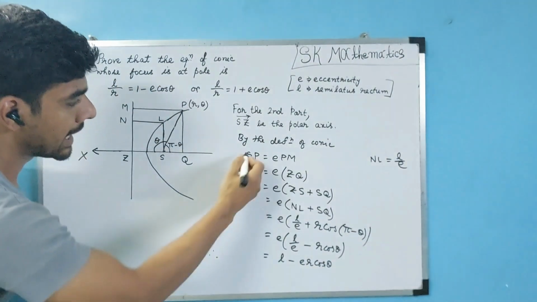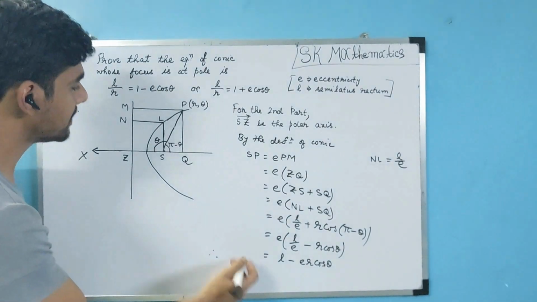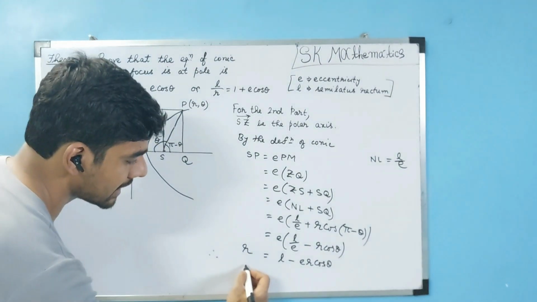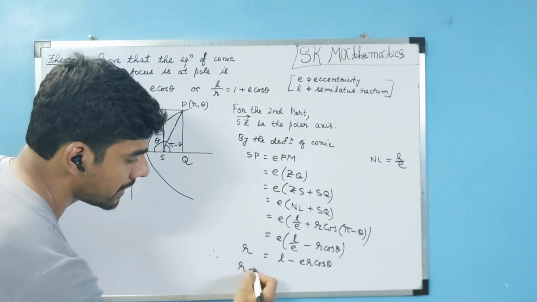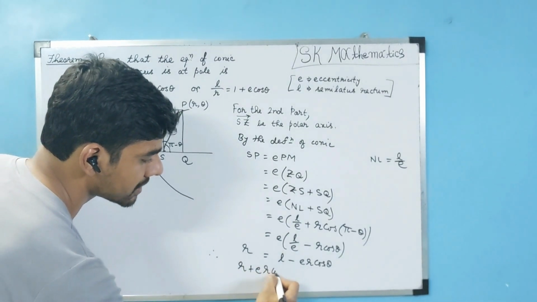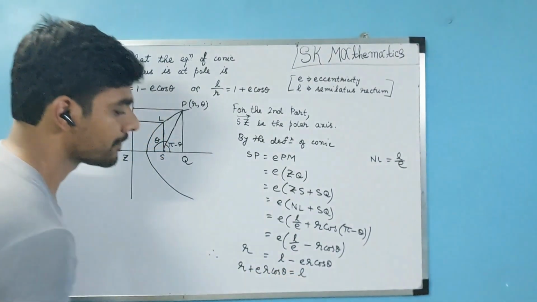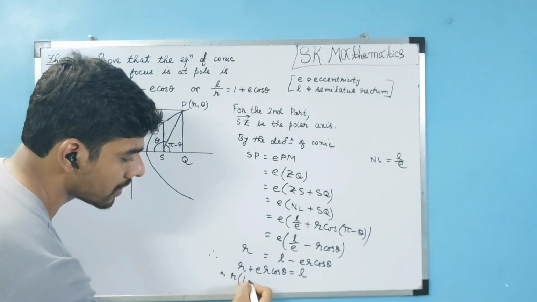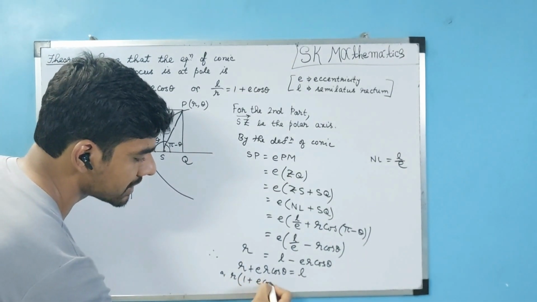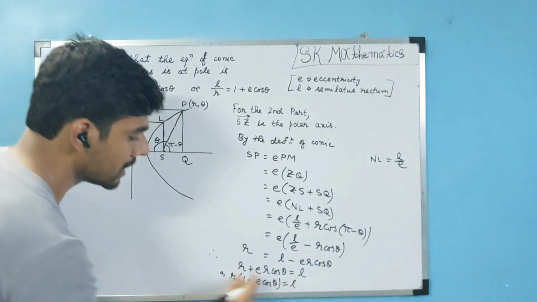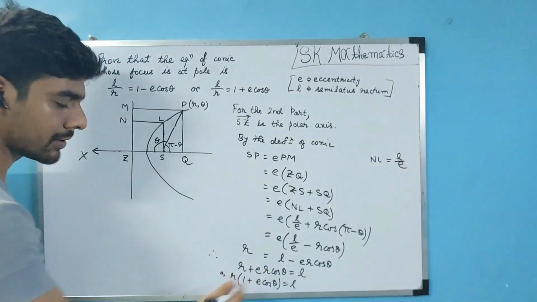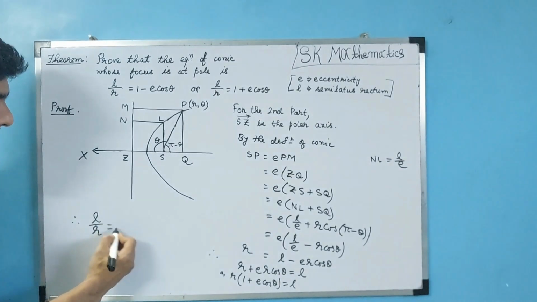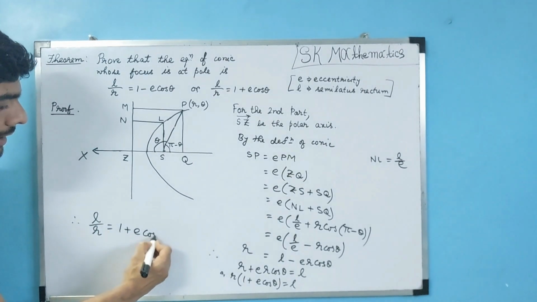SP is equal to r, so we get r plus e r cos theta equal to L. We take r common, r into (1 plus e cos theta) equal to L. So L by r, we divide by r on the right side and write it here. So we get L by r equal to 1 plus e cos theta.